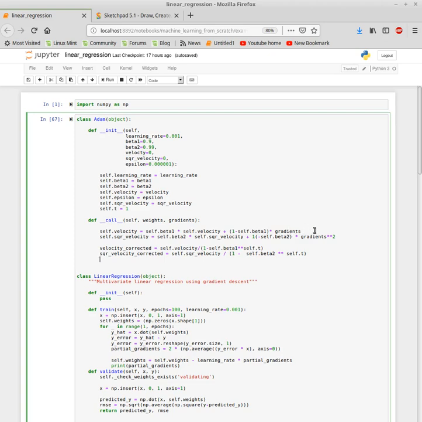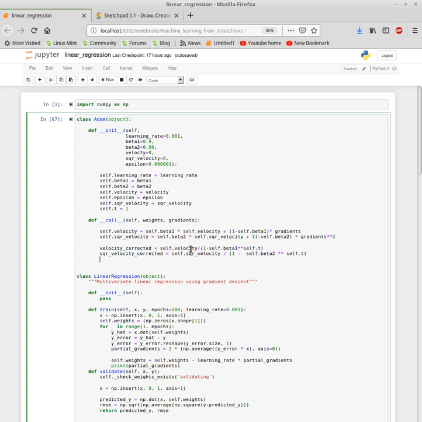That's not what we want. And then the second time is going to be 0.9 of the last value plus 0.1 of this current gradient, which makes the velocity initialized to be really, really small until after many steps, when it will catch up.